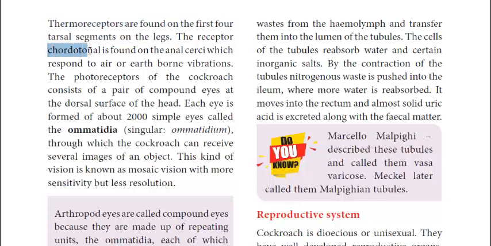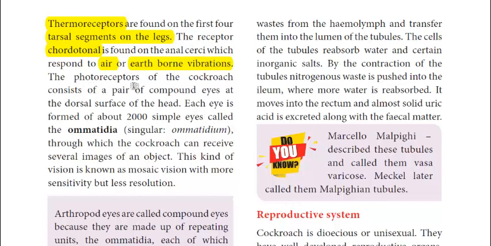Chordotonal means it responds to air or earth-borne vibration. Thermoreceptor: tarsal segment on the legs. Chordotonal receptors can sense air or earth-borne vibrations, and are found on the anal cerci.